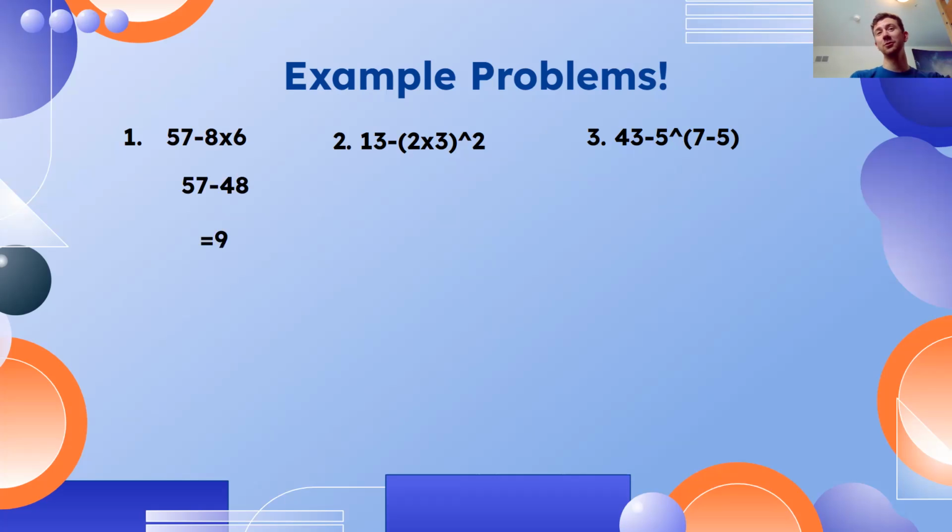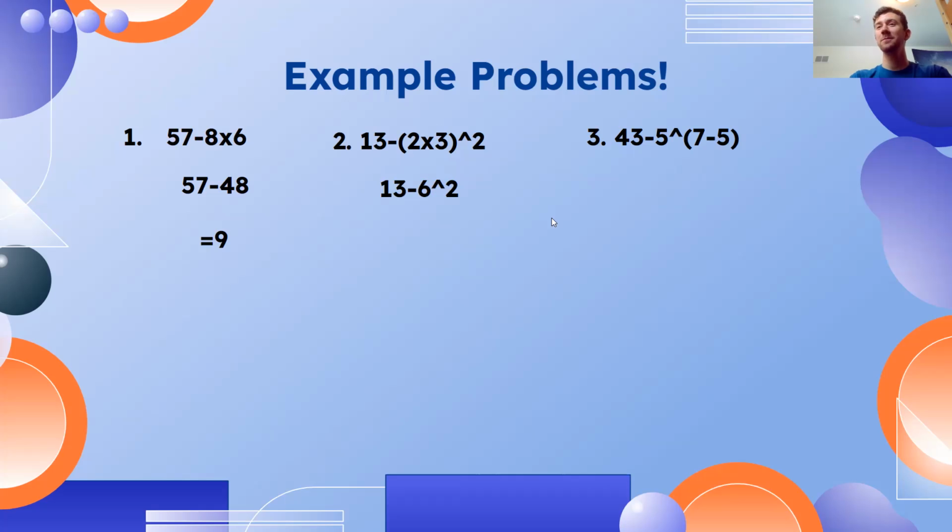Now, problem 2. Does anyone have any ideas where to start with this one? Parentheses. Very good, Billy. So we're going to go 13 minus, and then 2 times 6, because that was the first step. So 6, and that is squared right here, this little caret.